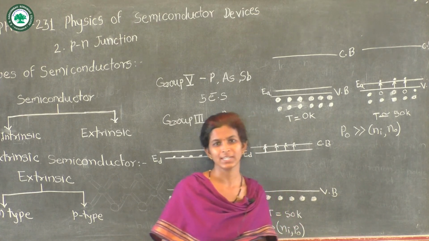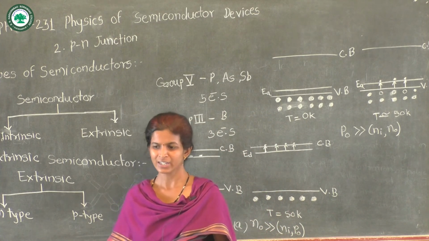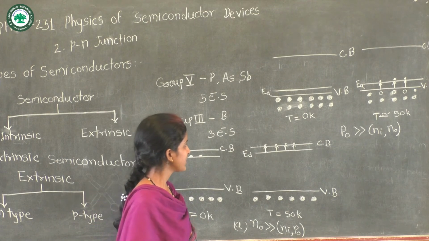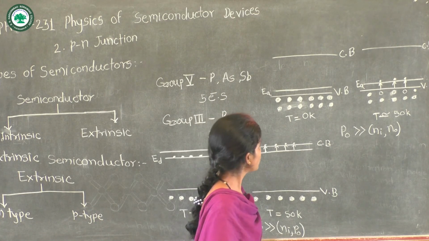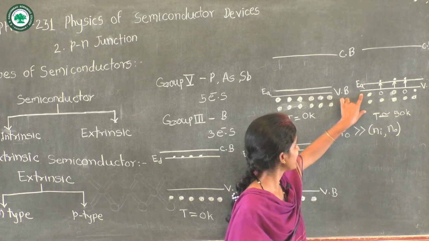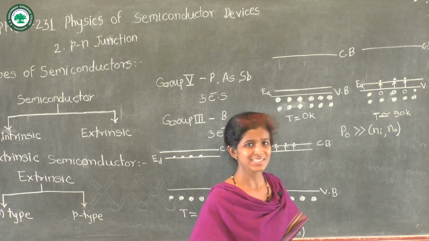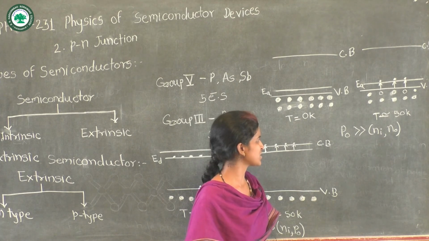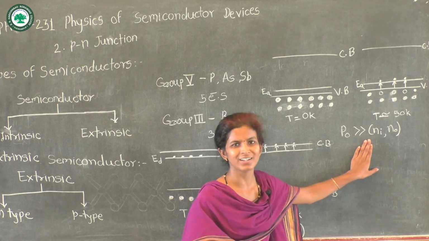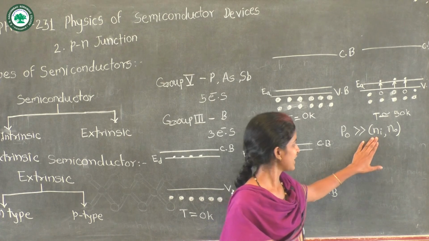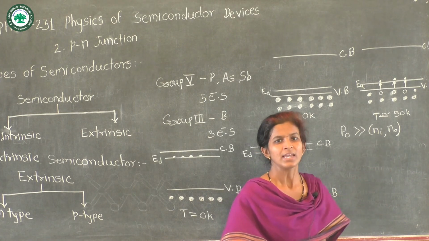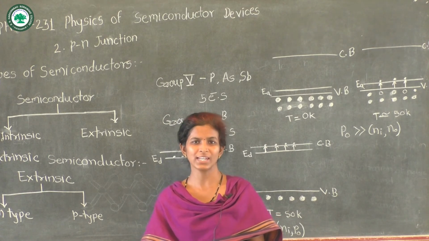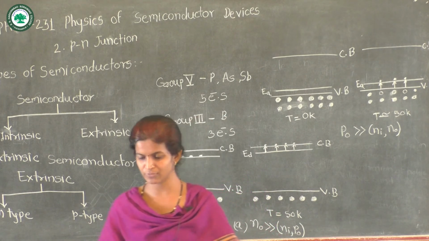As group 3 impurity is added to the semiconductor, a number of holes are created in the valence band with a slight rise in temperature. The carrier concentration of holes will be greater than the intrinsic carrier concentration as well as the carrier concentration of electrons at thermal equilibrium.